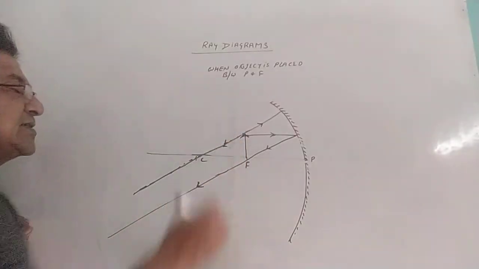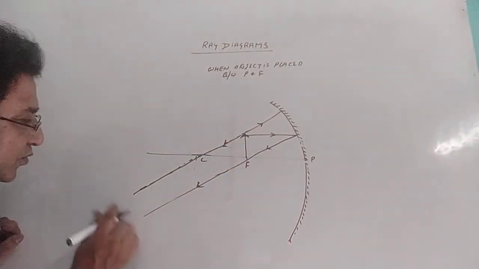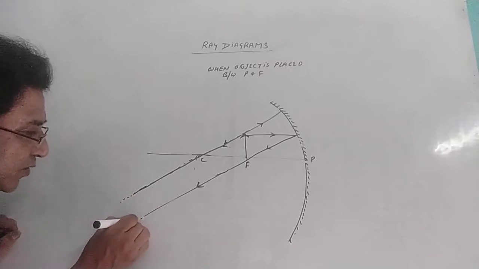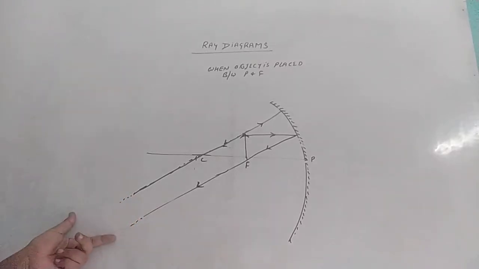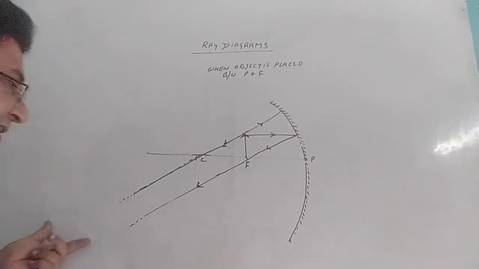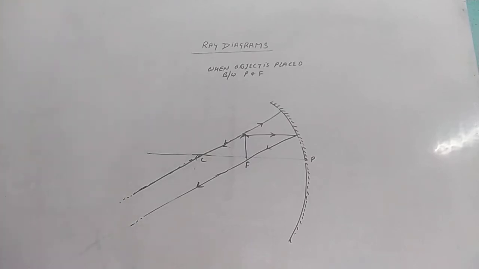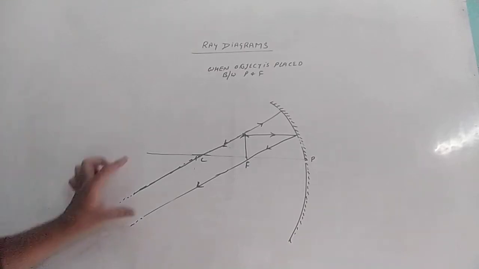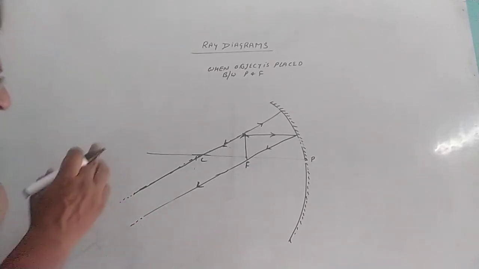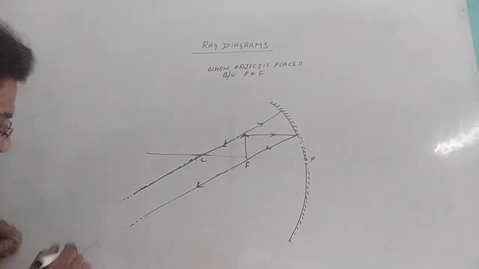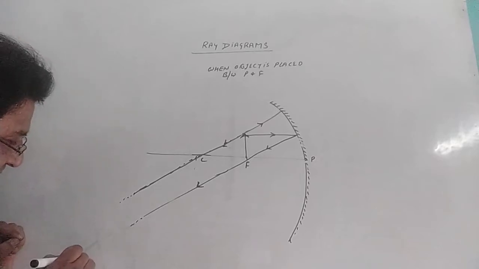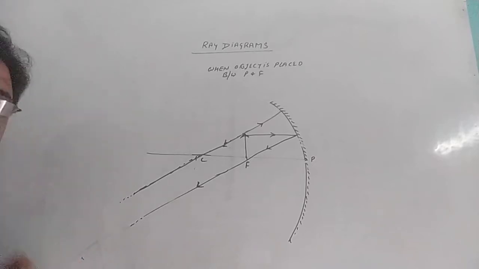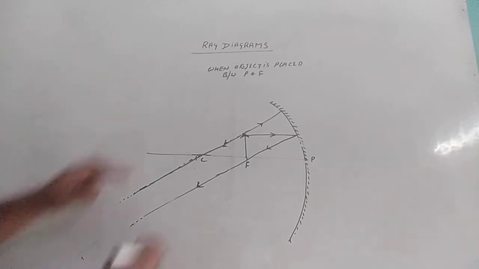This we already have discussed in the rules. So these are two reflected rays. They are not actually meeting anywhere here, but they will meet at infinity. But we cannot find infinity on the board or on the copy. Just leave it here only. We will think that they are meeting at infinity. Suppose they are meeting at infinity and infinity is here only. So they will be meeting, forming a real image.